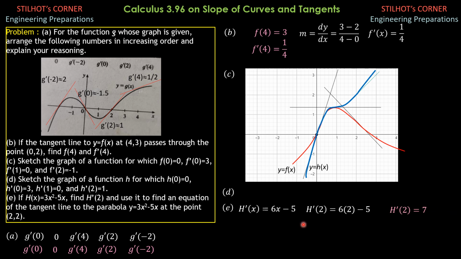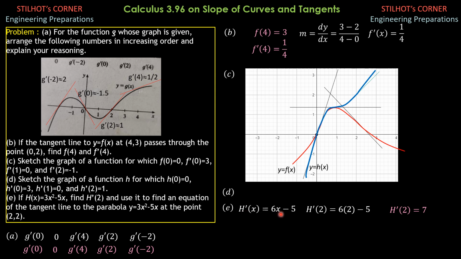So h prime of 2 is 7. In general, h prime of x is 6x minus 5, but to find the equation, h prime of 2 is 7, that's our answer.